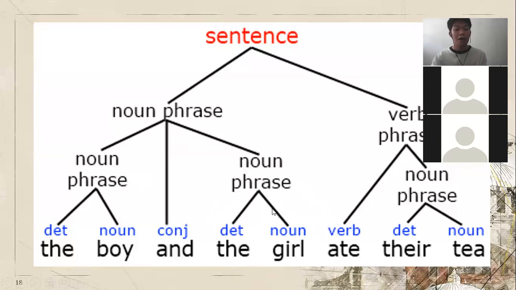If there's more than one subject in a sentence and it is being connected by a conjunction. For example, this one, the boy and the girl. This is the noun phrase. There are two noun phrases for this example: the boy and the girl. These two noun phrases are being connected by a conjunction, which is the word and.